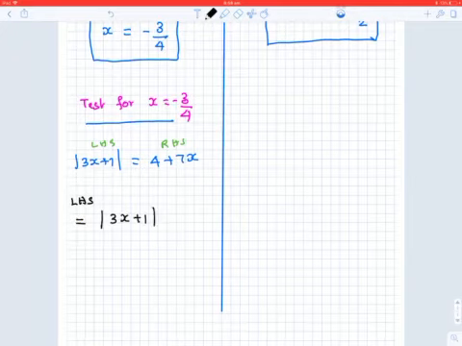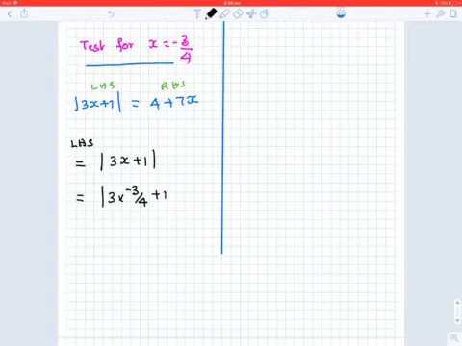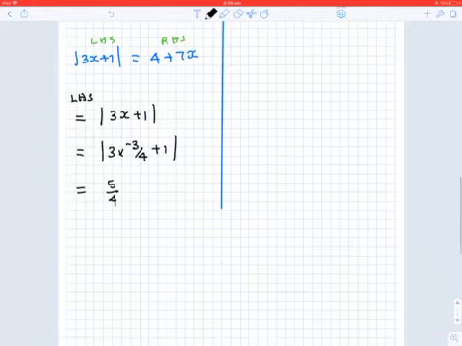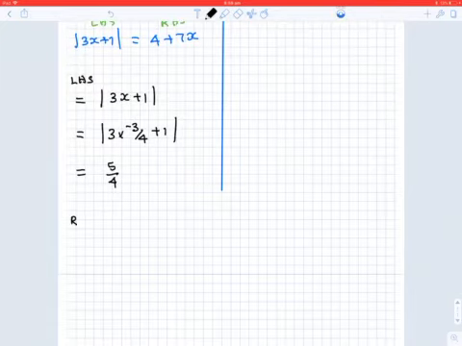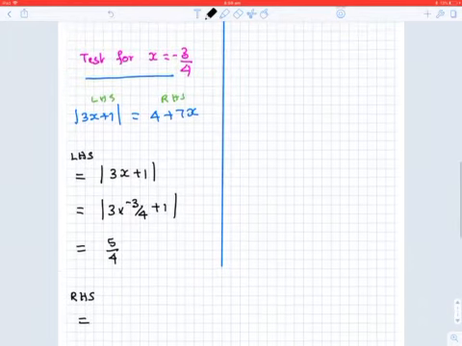When I do the testing, I write the left hand side equal to absolute value 3x plus 1, which is absolute value of 3 times minus 3/4 plus 1, which gives you 5 over 4.